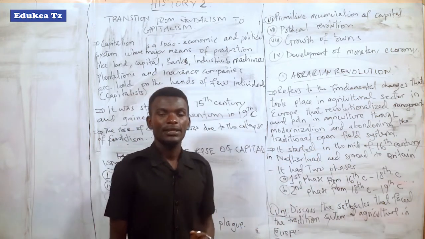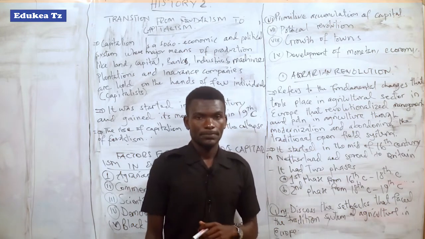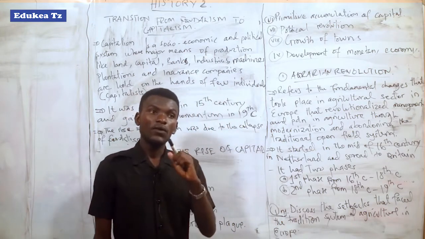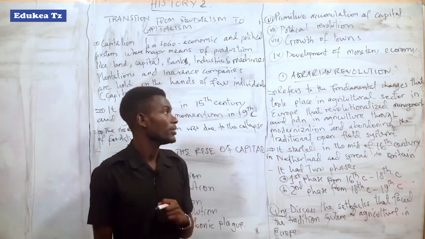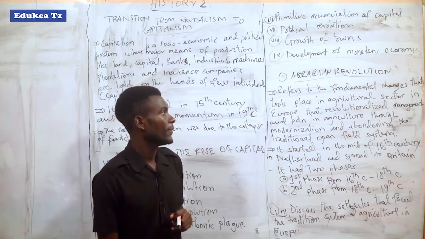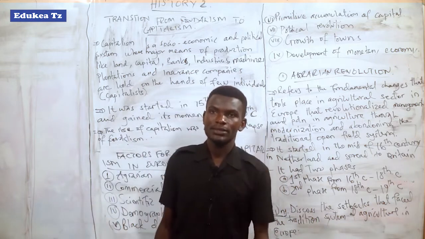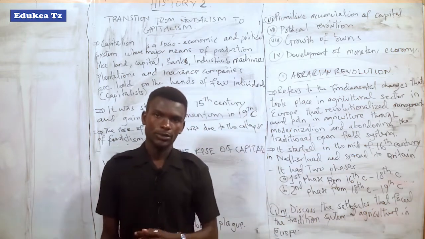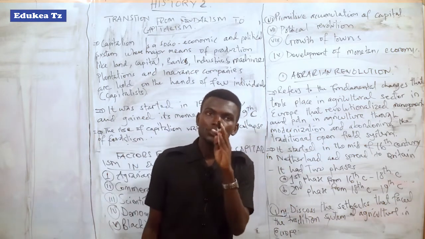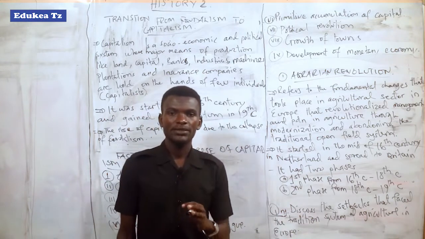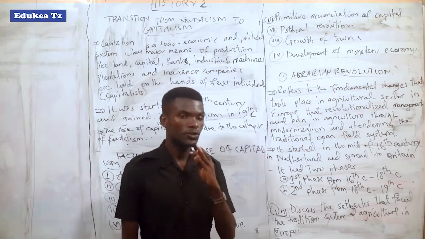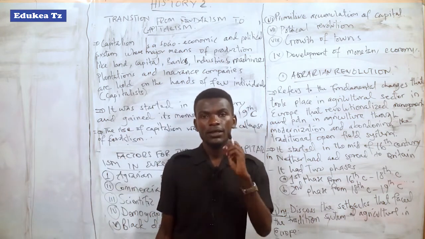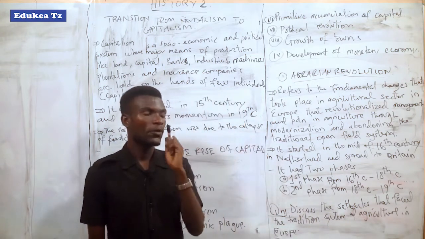It means that agrarian revolution refers to the changes that took place in Europe and revolutionized or threw out the traditional open field system that was taking place in the feudal mode of production.